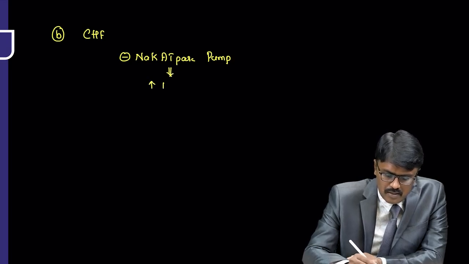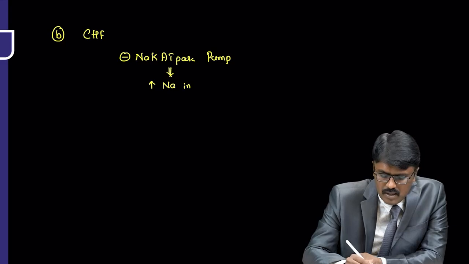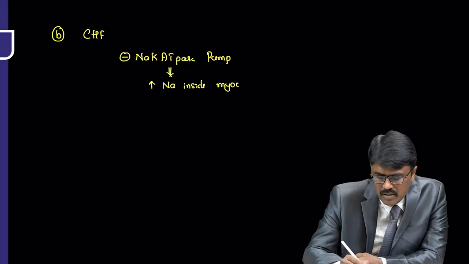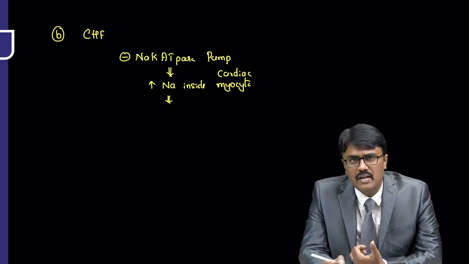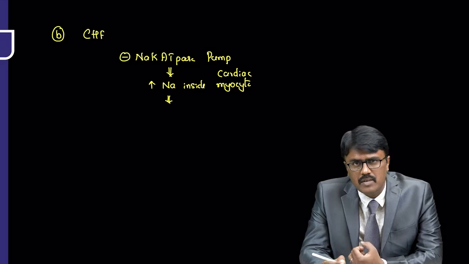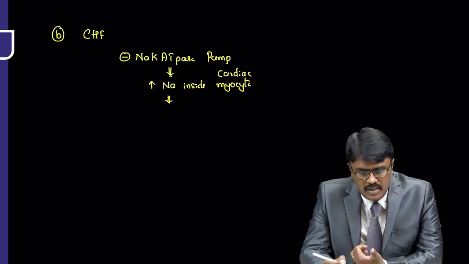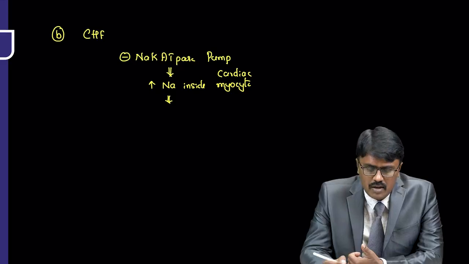There is an increase in sodium inside the myocyte, that is the cardiac myocyte. Usually, what is the role of sodium potassium ATPase? It has to throw sodium out and take potassium inside, but when it is blocked, the sodium stays inside the myocardium.